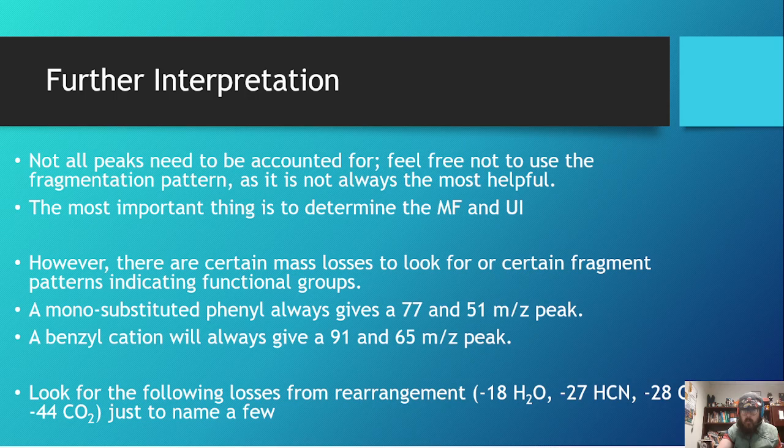CO is a carbonyl. HCN is a rearrangement from a nitrile. H2O is a rearrangement loss of an alcohol. CO2 is a rearrangement loss of a carboxylic acid. So being able to interpret these will help us pick out some of the pieces there.